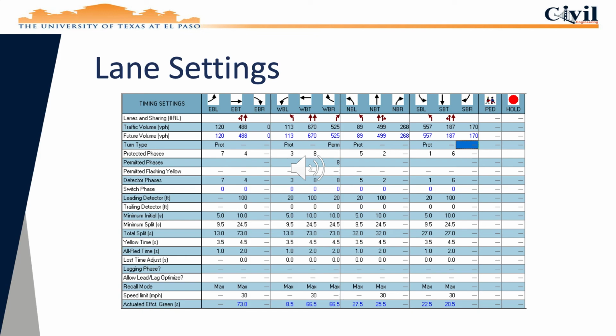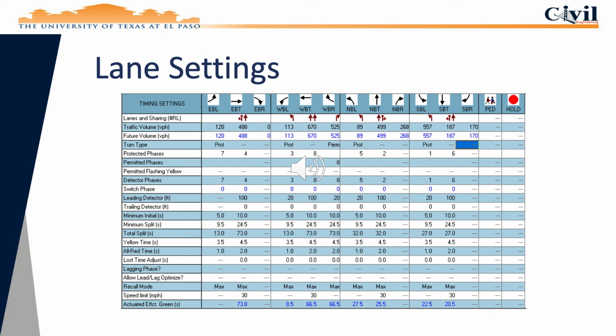For the lane settings, I provided a timing settings image. This is because in this figure we are able to see the lane settings as well as the traffic volume settings in a simpler way.